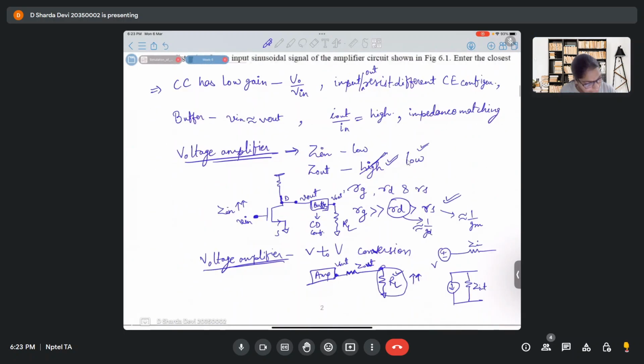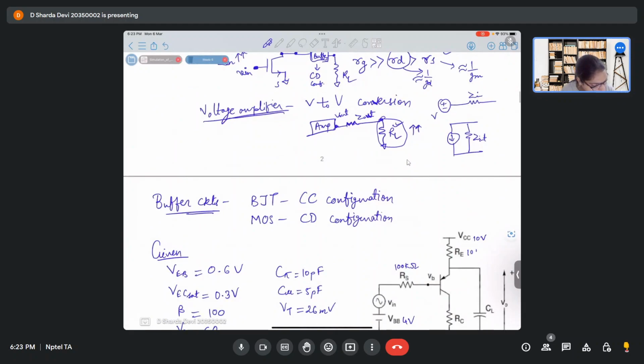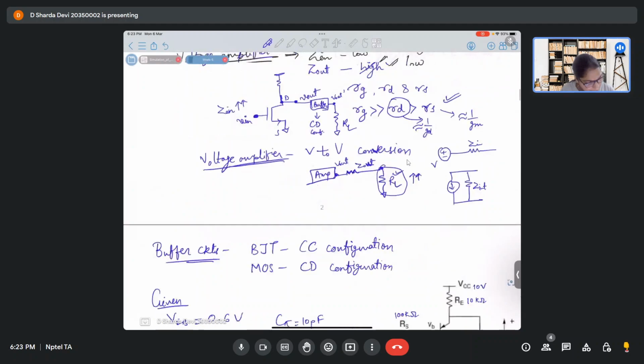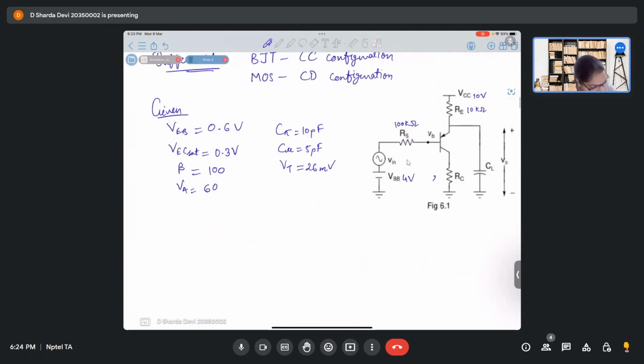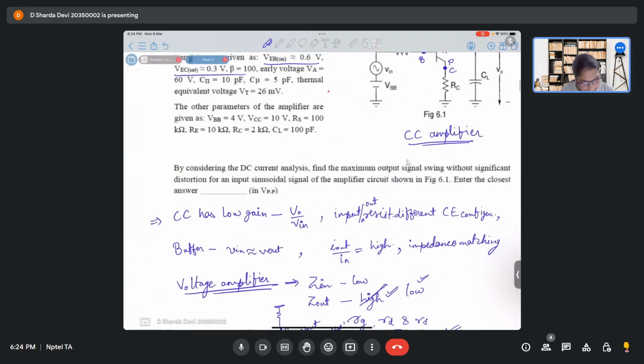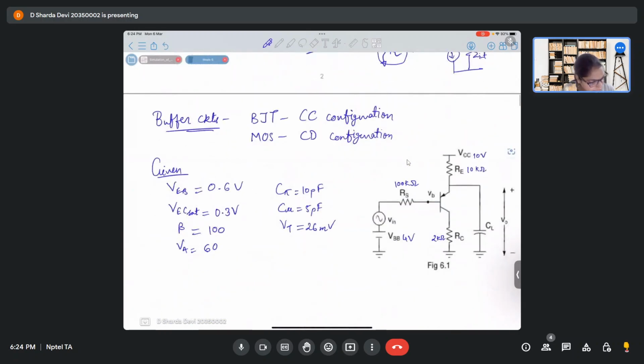RE 10K. RC 2K. And CL is 100 picofarad. Okay, all these values have been given to us.